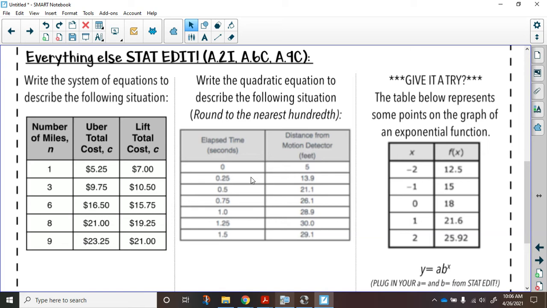So let's do the first equation, and we're going to be dealing with Uber first. So I'm going to go ahead and write y, or c, equals, in this case.